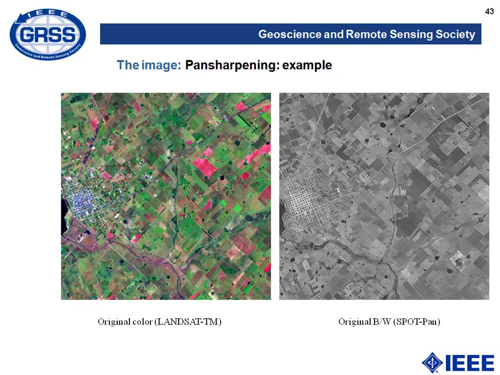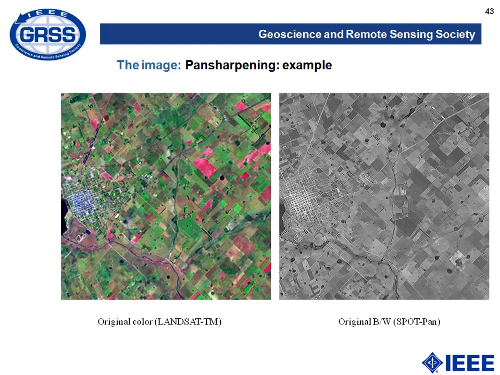As shown in this image, we have a panchromatic image and a multispectral one. The left one is a multispectral image with a pixel size around 30 meters, and the right one is a panchromatic with a spatial resolution of 5 meters or below.